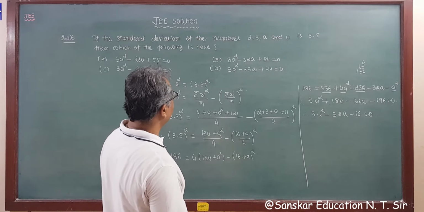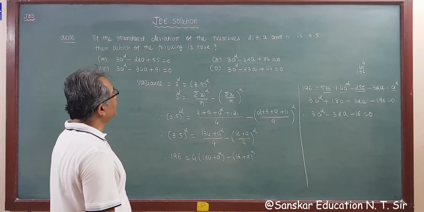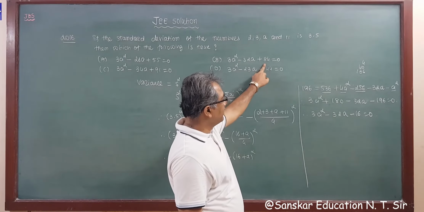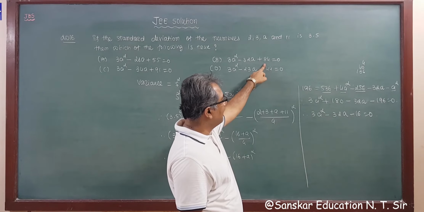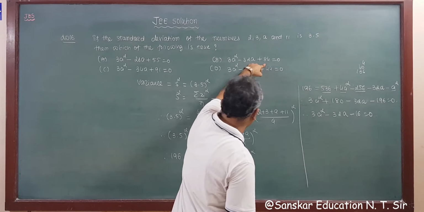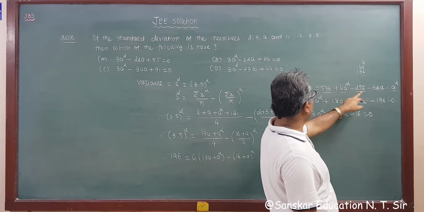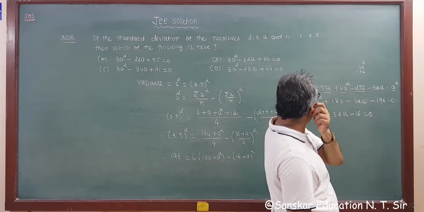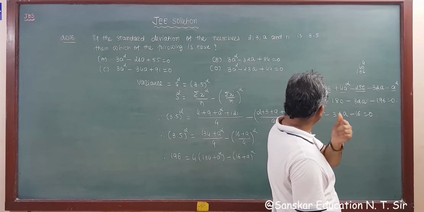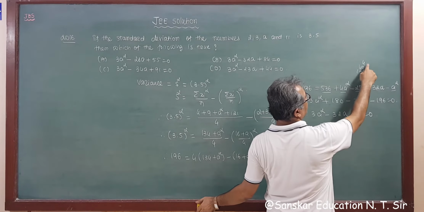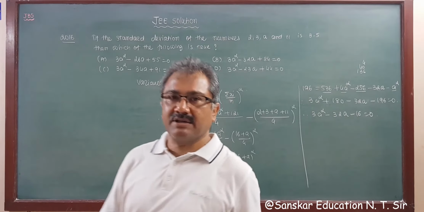So our answer should be 3a square minus 32a plus 84, but we got 16, so we made some mistake here. Let us check.